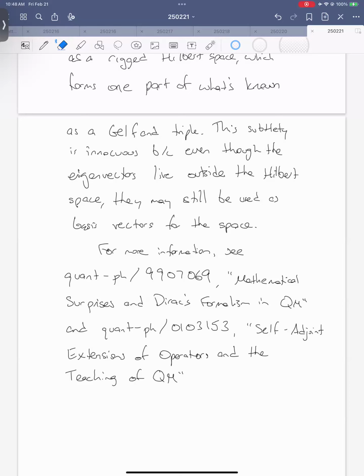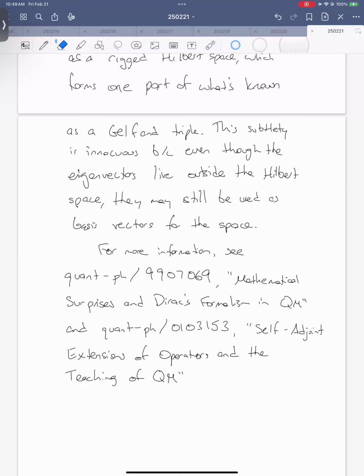And so that's why I'm having this as kind of an aside where I introduce you to these concepts, but I'm not going to belabor them in any way. Because just like as you've done in Griffiths, you can work with these eigenvectors as if they live in the vector space, and you really don't have to work that way. Take a look at the references. Yeah. Good.